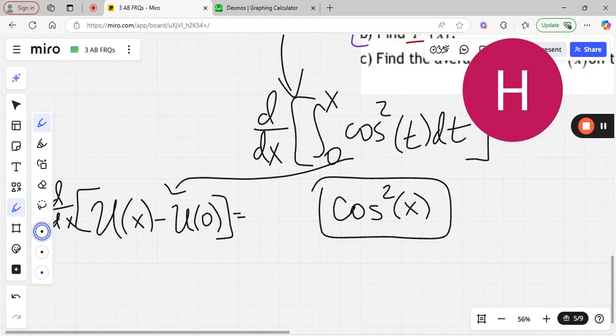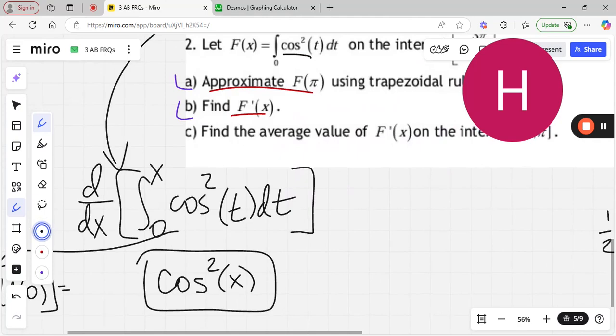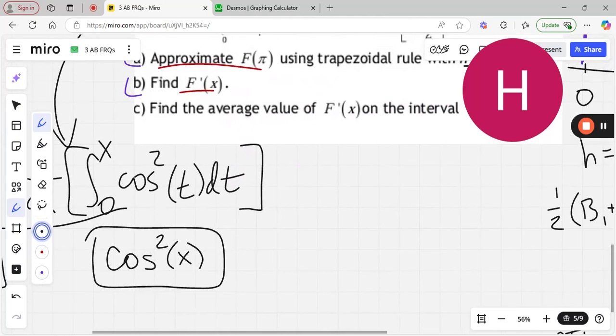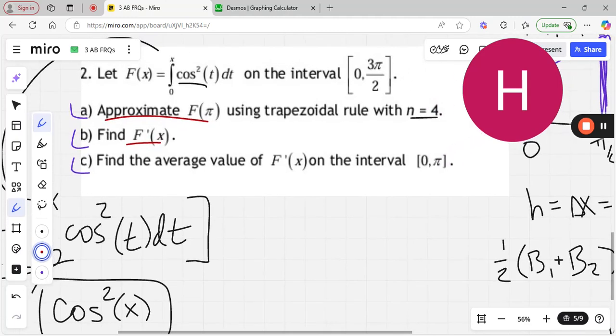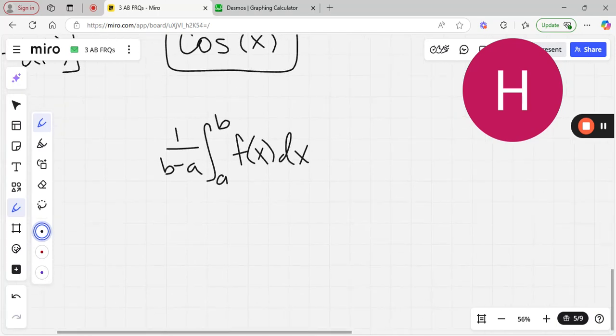Okay, so that pretty much does it. It's just cosine squared. Now let's take a look at part C, which is also very, very easy, I believe. Find the average value of f prime, that's important, on the interval from 0 to pi. So the average value, you'll remember this as like, sometimes we say 1 over b minus a times the integral from a to b of some function, whatever we're trying to find the average value of.